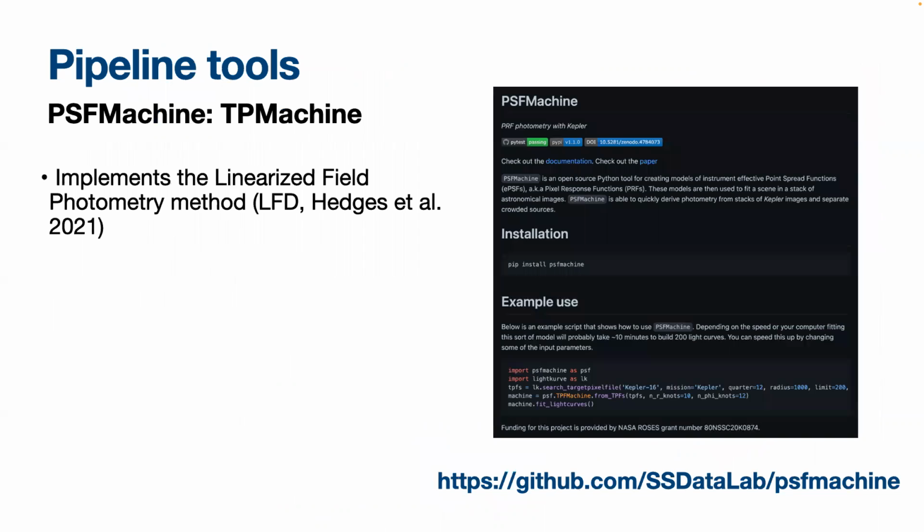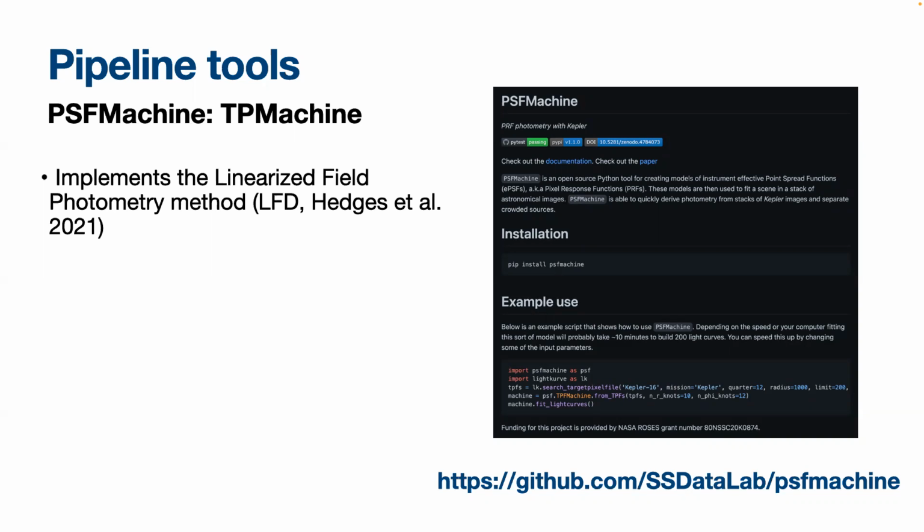Now going into the tools that we use. We started developing with Christina this Python module, which is called PSFMachine, because it does PSF photometry. It has different user interfaces that allow us to interact with TPF data, with full frame images, with super stamps, also from Kepler, different stuff.